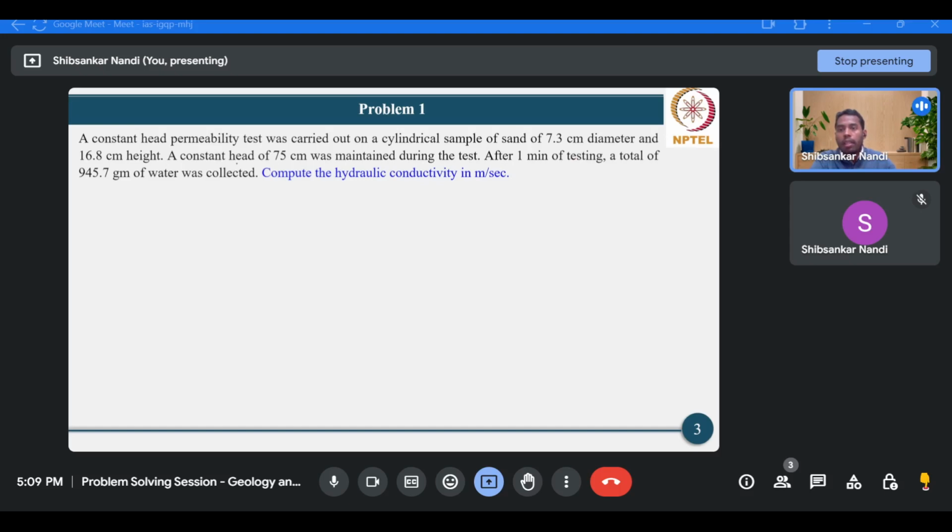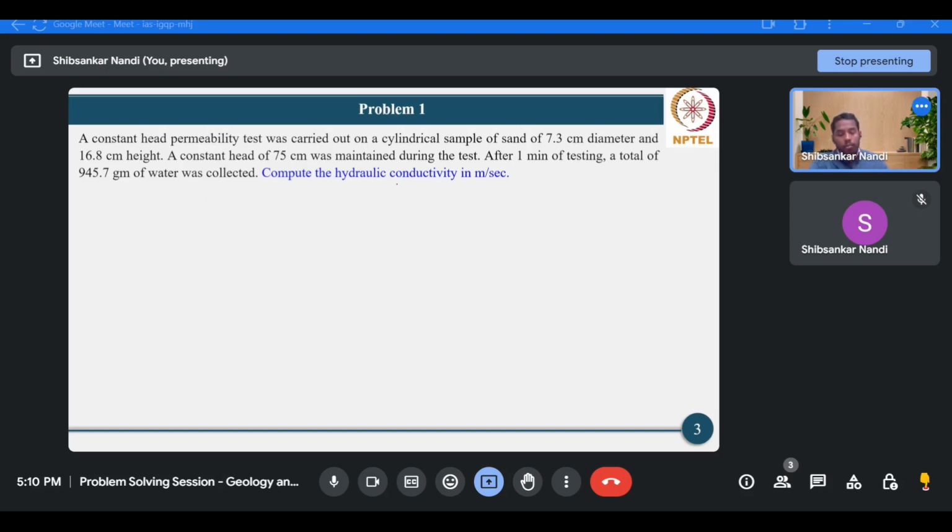A constant head of 75 centimeter was maintained during the test. After 1 minute of testing, a total of 945.7 gram of water was collected. Now we have to compute the hydraulic conductivity in meter per second.